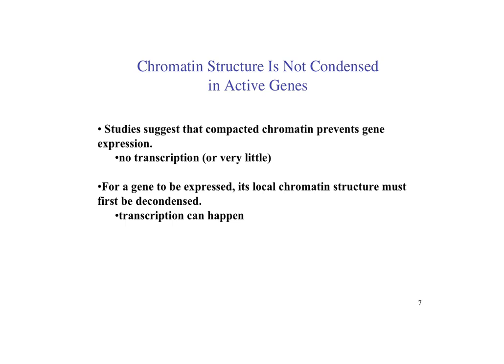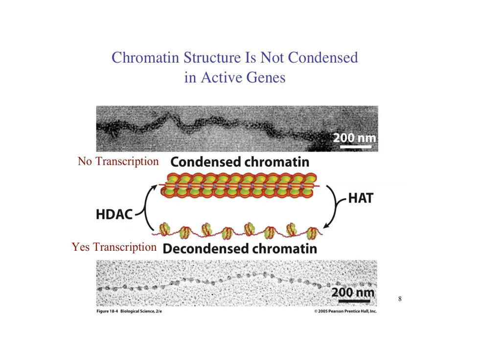The regions where transcription can happen, where genes turn on, have to be a little more open. Otherwise, we compact them down so we don't transcribe it, or we get very little. If it's condensed like that, it's going to have no transcription. If it's open, decondensed, we're going to do yes transcription.